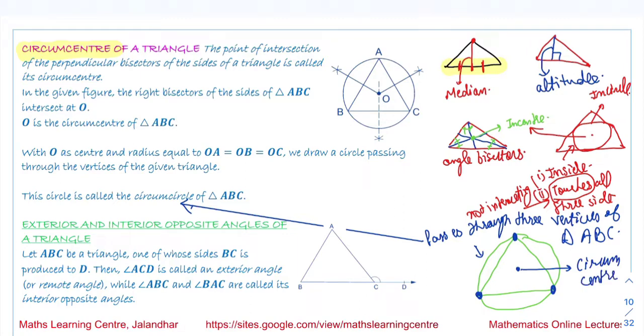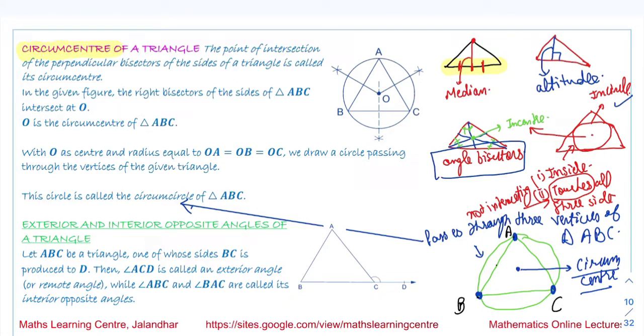Now what is the procedure to find this? When we were finding the incircle, we drew the angle bisectors. When we have to find the circumcenter, we are going to draw the perpendicular bisectors of the sides. Perpendicular bisector of the side means, if this is A, B, C, I am drawing the perpendicular bisector of AB.